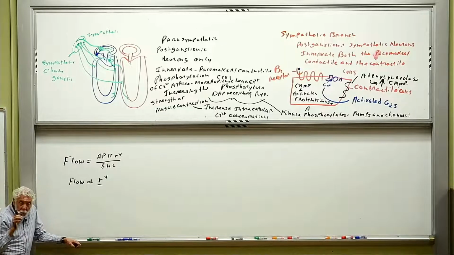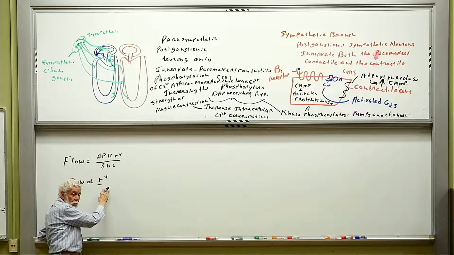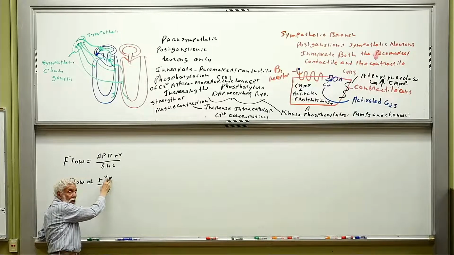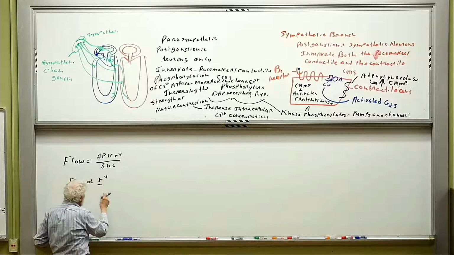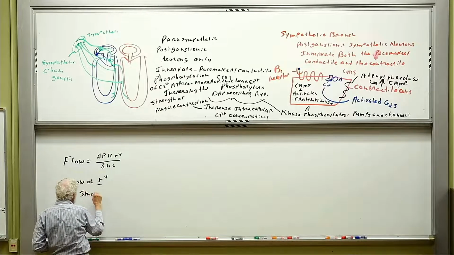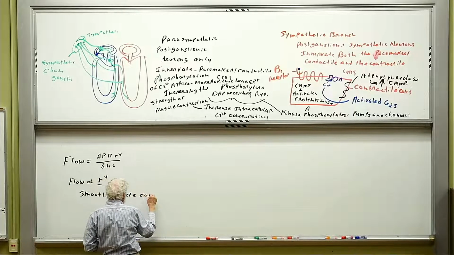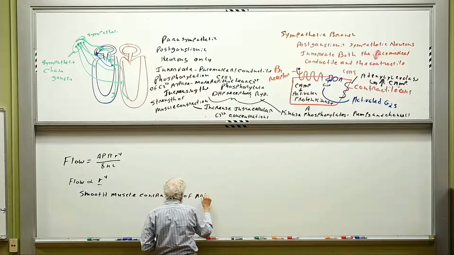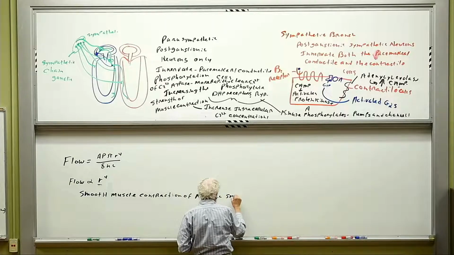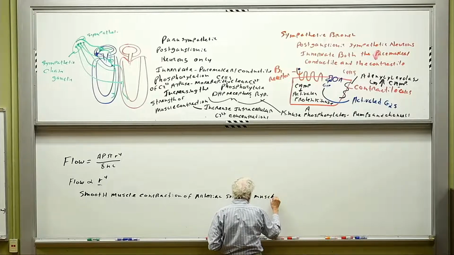This means by making small changes in the radius, we can change the flow through a set of tubes. And we can now shunt blood to different places by choosing which smooth muscles to activate to reduce the radius. So all we're saying here is that smooth muscle contraction of arterial smooth muscle affects flow.